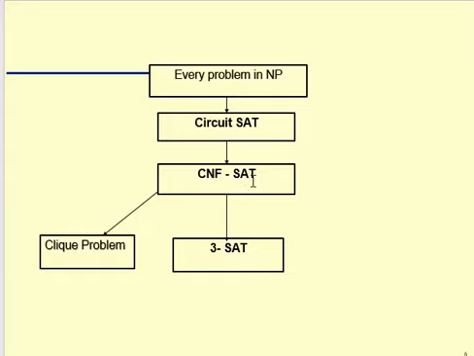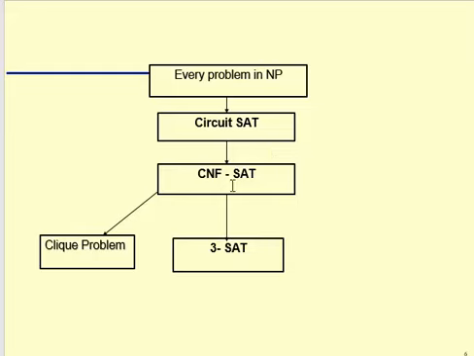If this can be solved, then this can also be solved. And if circuit SAT can be solved, then every problem in NP can be solved by a deterministic algorithm. So all these problems are actually computationally related. Related means if one can be solved, then others can also be solved.